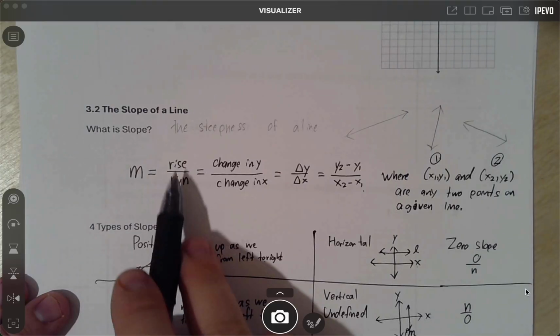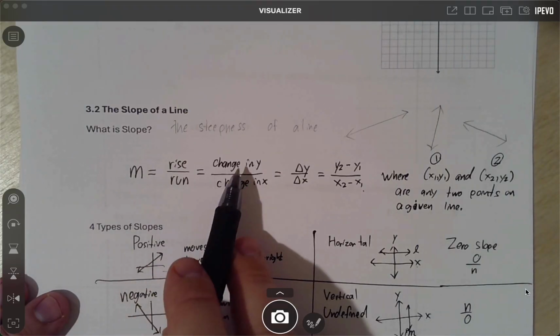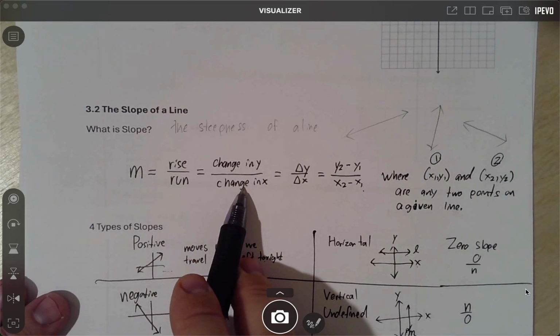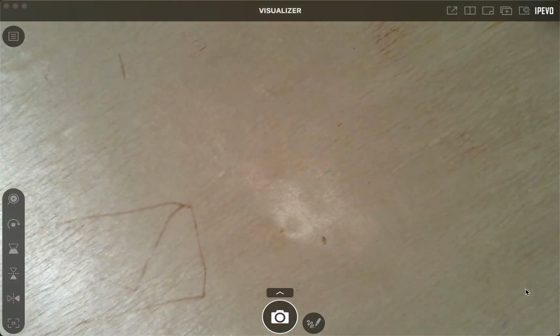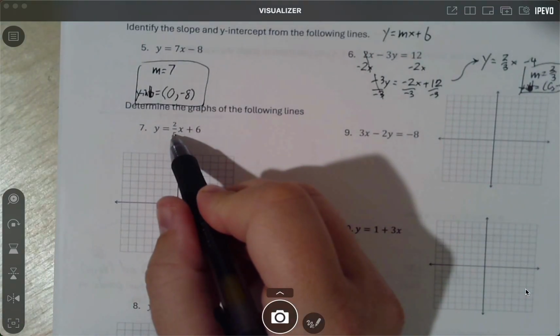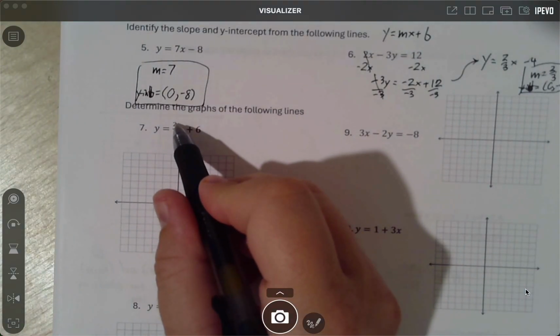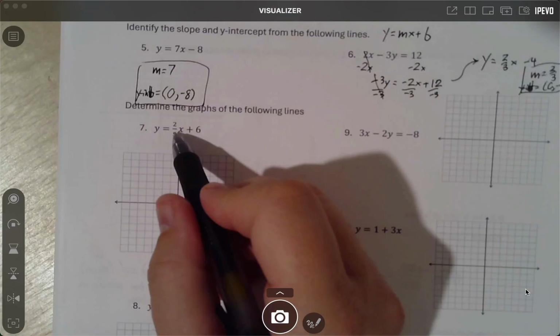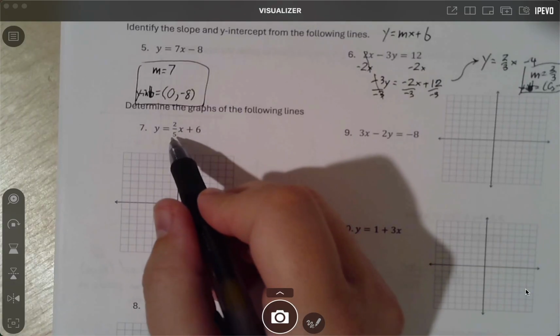It's kind of in graphing that we refer to it as that. So how am I changing in y? How am I changing in x? So let's look at this example. And let's look at my slope. My slope is 2/5, so it's saying I should move up 2 because that's a positive 2. And I should move right 5 because that's a positive 5.